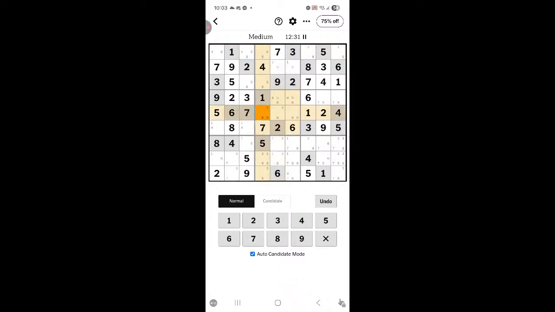8, 6, 8, 6 equals not 8. And not 8 forces 3. Remainder is 3. Remainder 7. Remainder 3. I'm lagging behind my own actions.